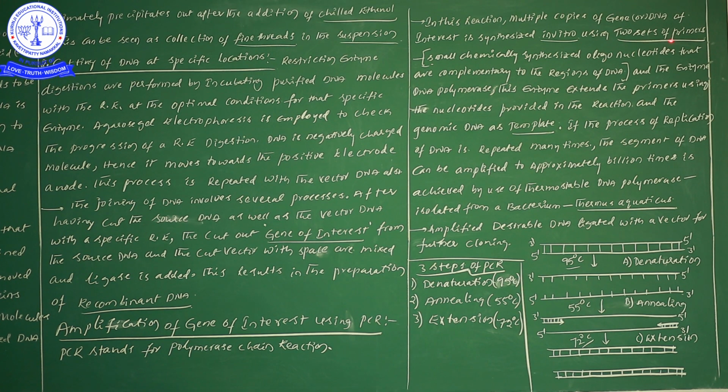Using 2 sets of primers. Now don't forget, how many primers do we use? 2 sets of primers we will use. What is the meaning of a primer? Small chemically synthesized oligonucleotides that are complementary to the regions of DNA. One more time: the small chemically synthesized oligonucleotides that are complementary to the regions of DNA.